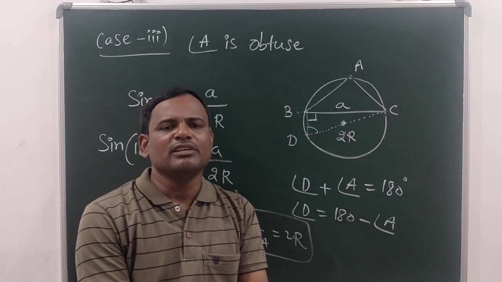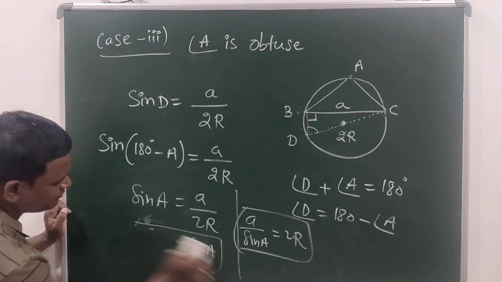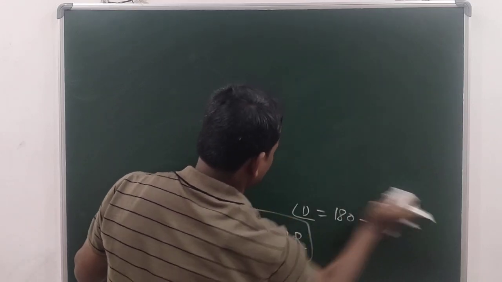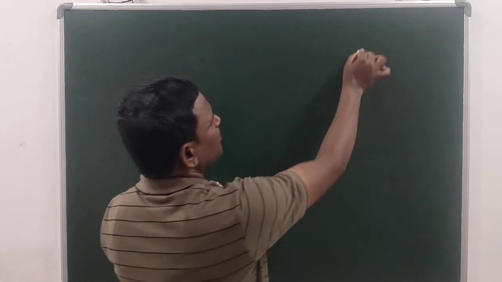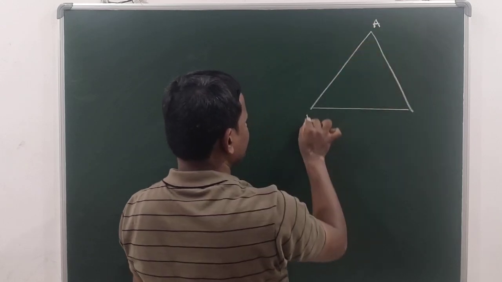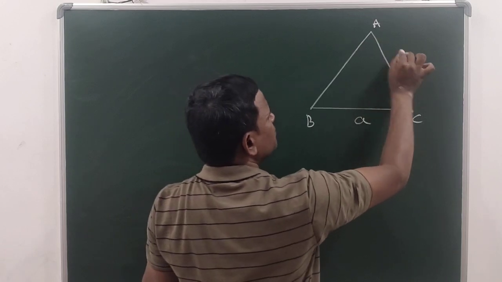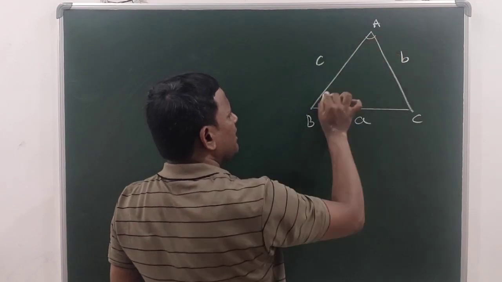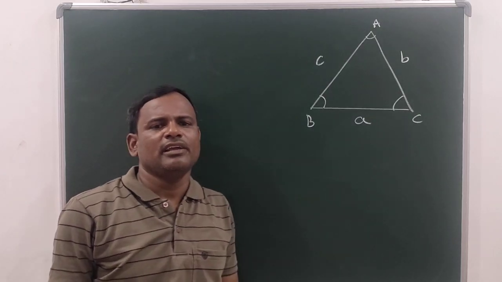Okay. Now let us go to the cosine rule. Students, see the cosine rules. In a triangle ABC, BC length is denoted by small a, AC length is small b, AB length is small c. So you know these three are interior angles of triangle ABC.